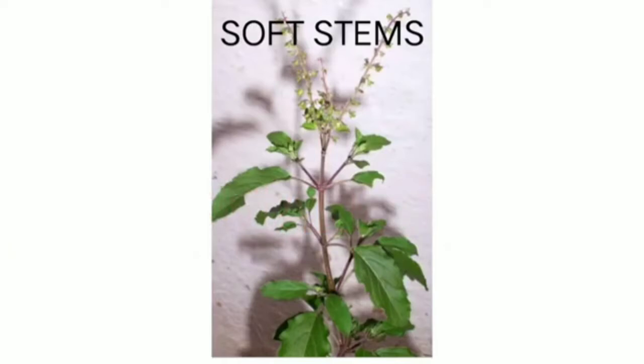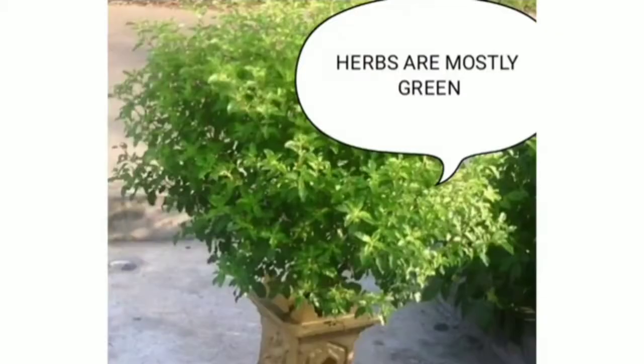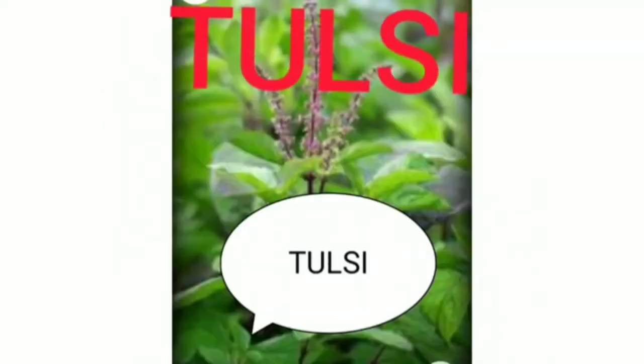Trees have hard and woody stem. Shrubs have woody stem, but herbs have soft stem. Then herbs are mostly green in color. We saw the tulsi, mint plant and all, no? They are green in color.